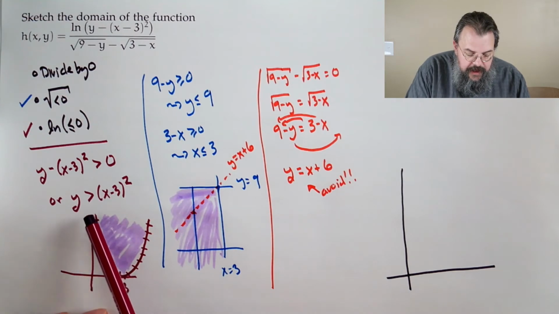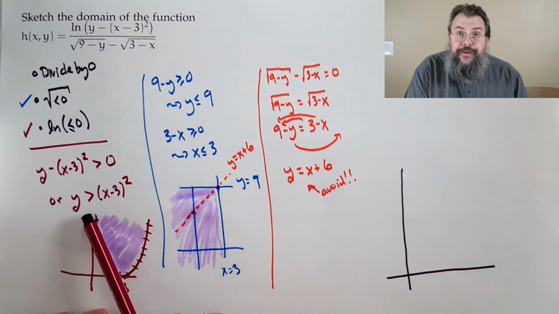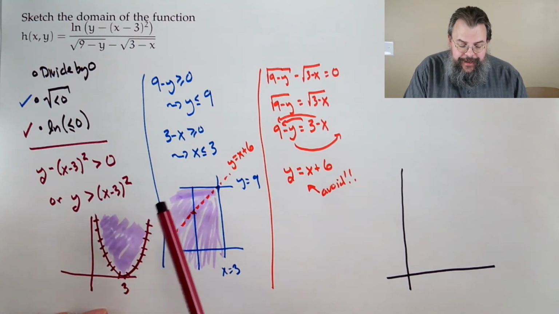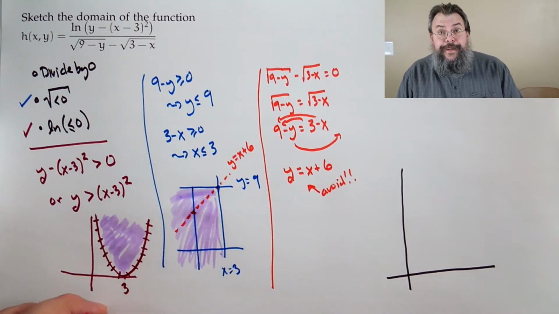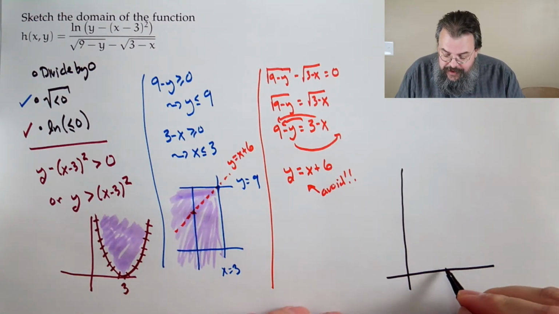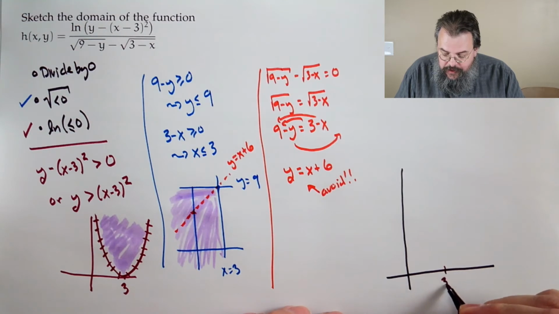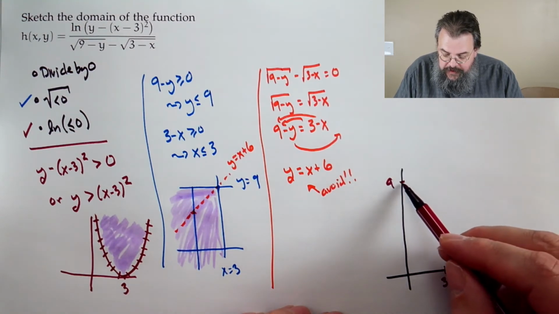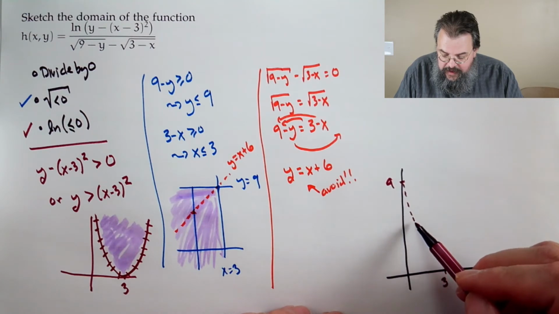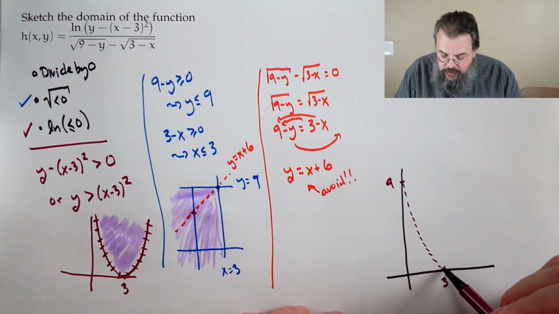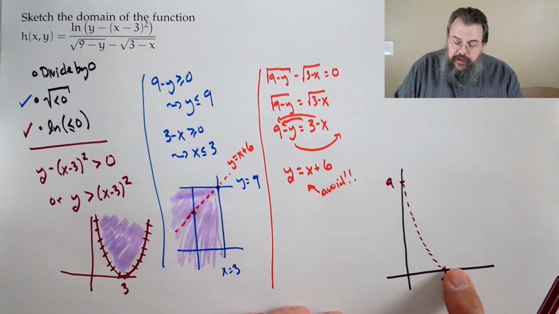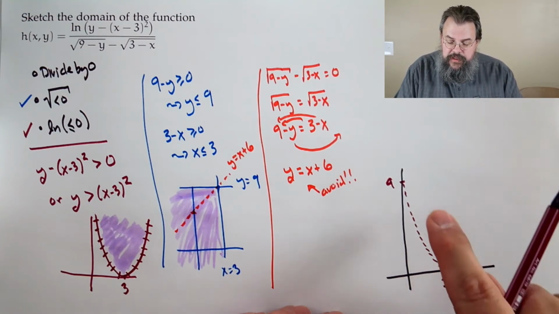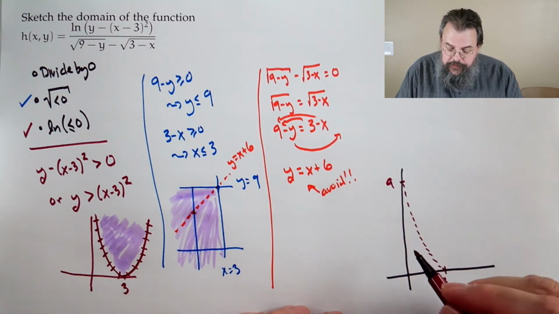Now notice it intersects here at 0, 9, which is right there. Ooh, that's very convenient. Okay, so if here is 3, and here we'll put 9, then we have this parabola coming down, and it's that dotted line. Because I don't need to worry about what happens above 3, I just need to do the left-hand side.